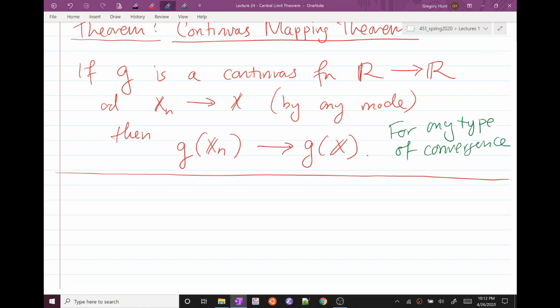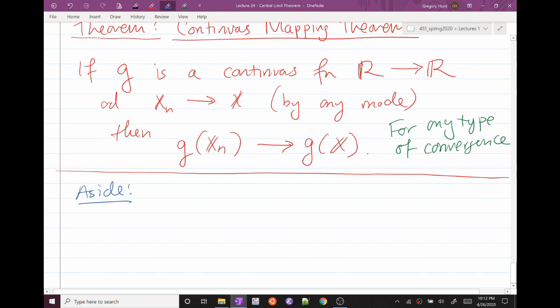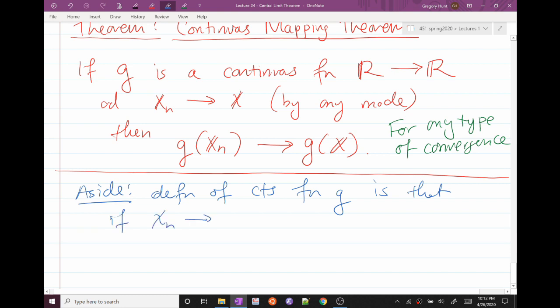But kind of as an aside, in an analysis class, the definition of a continuous function g is that if we have a convergent sequence, xn converging to some x, then g of xn converges to g of x, for all such sequences.